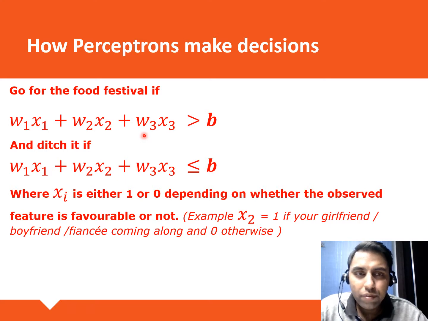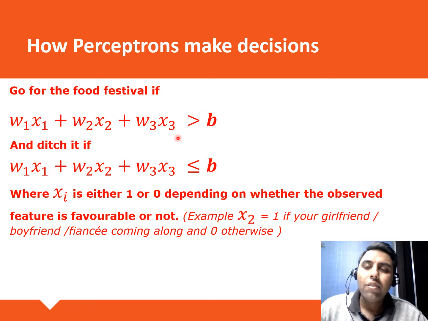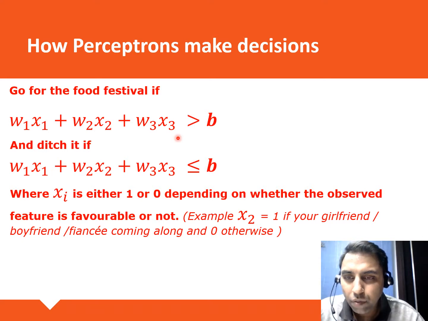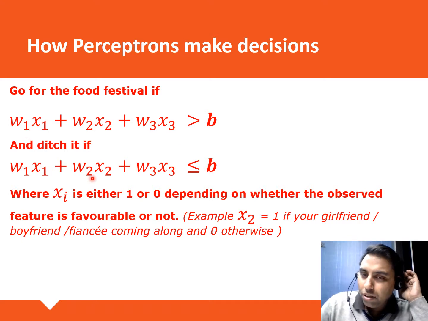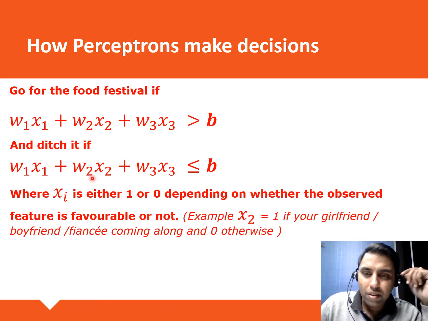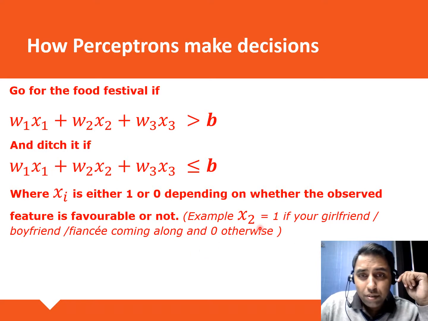So each of these x1, x2, or x3 will either be 1 or 0 depending on what kind of information you are getting. For example, x2 was the factor whether or not you will be accompanied by your fiance, girlfriend, or boyfriend. So we'll say x2 is 1 if you are being accompanied by these people, and if you are not being accompanied by these people, then we will code x2 as 0.